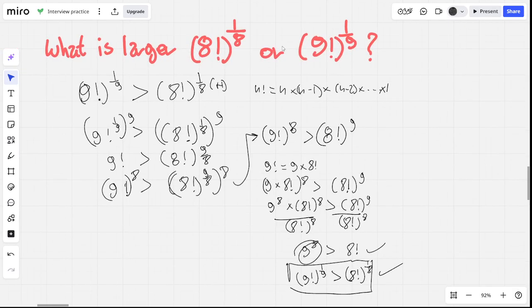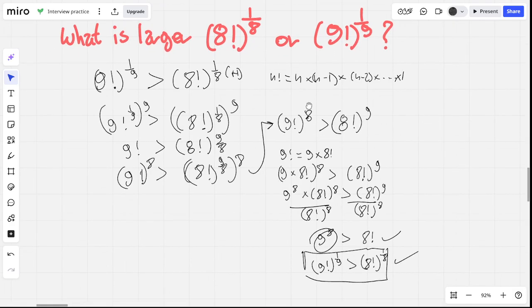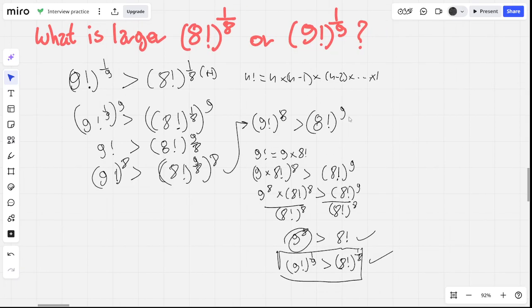Now, this is a part of a family of interview questions. Usually, you have things like logs. Like you have a bunch of logs with different bases and different outcomes, and you have to find which one is the largest.